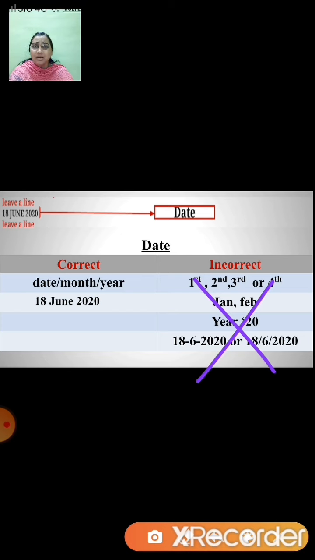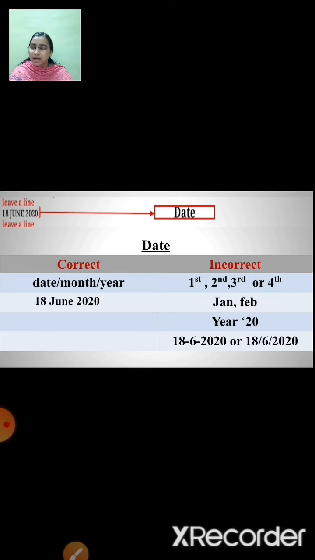The correct method of writing the date is 18 June 2020. That is, date, month, year is the correct format for writing the date. I hope students you all have understood the correct format for writing the date in the formal letter.